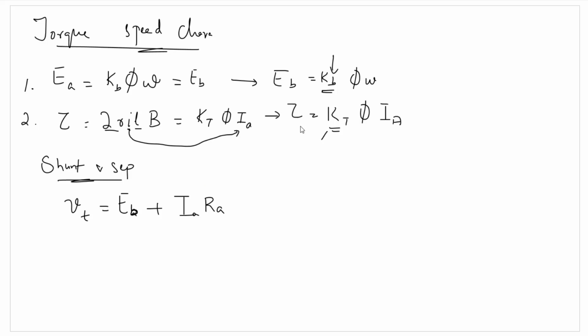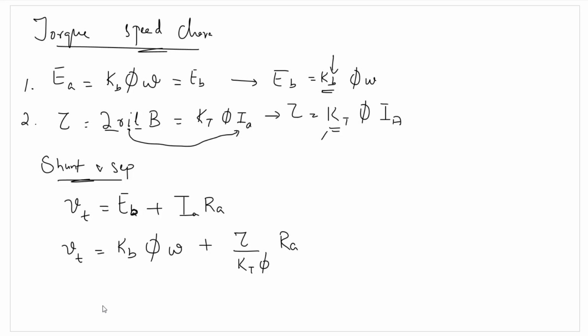Now, substituting the above two equations, we have Vt is equal to Kb phi omega plus Ia Ra, where Ia is tau divided by Kt phi.